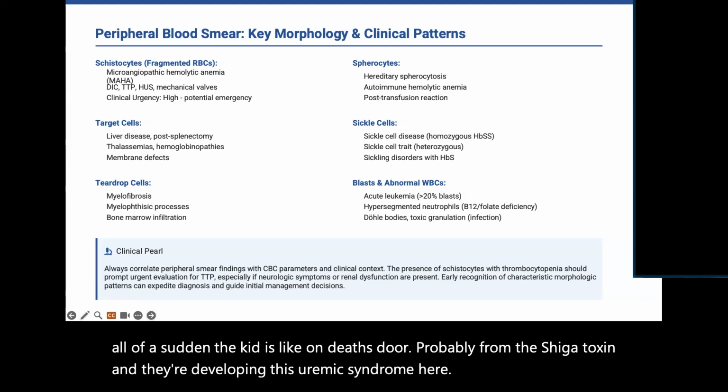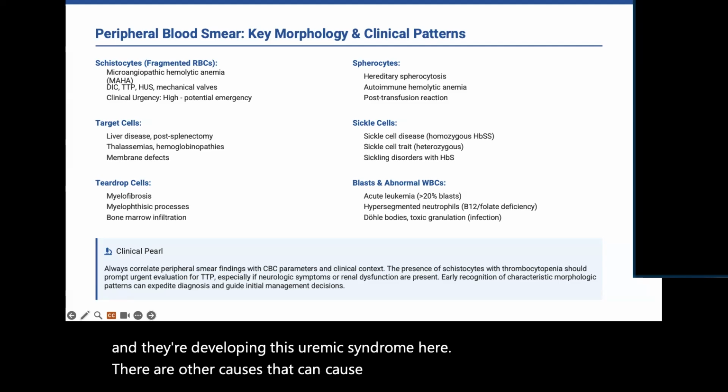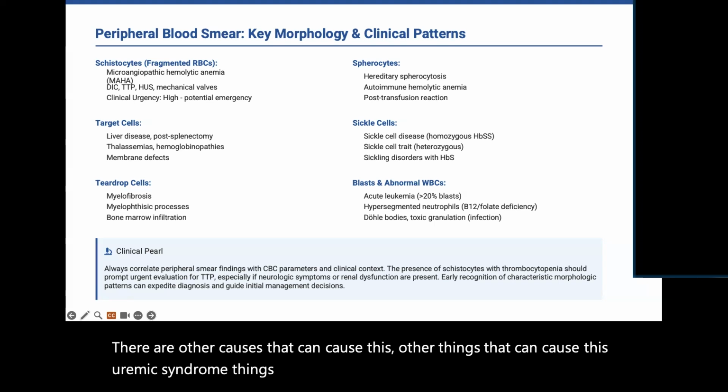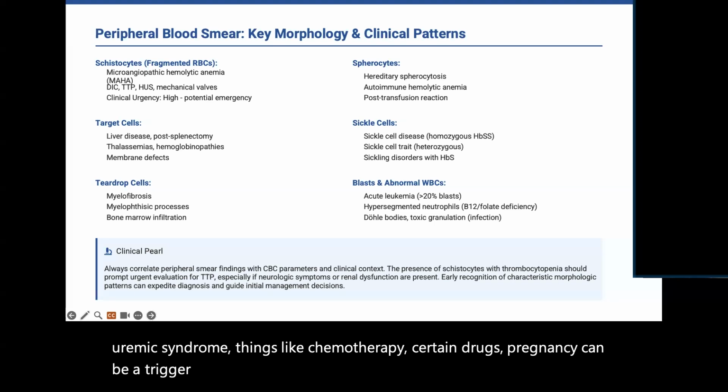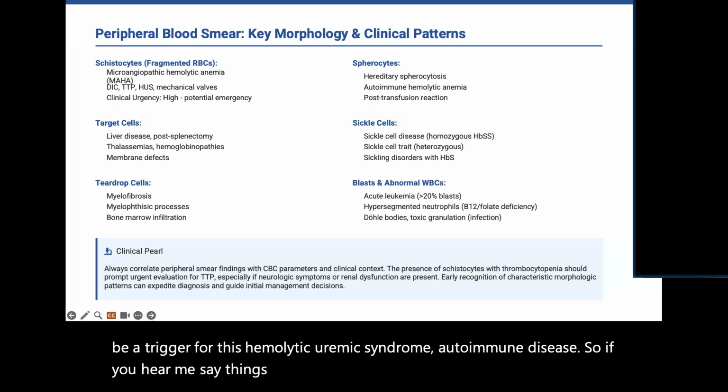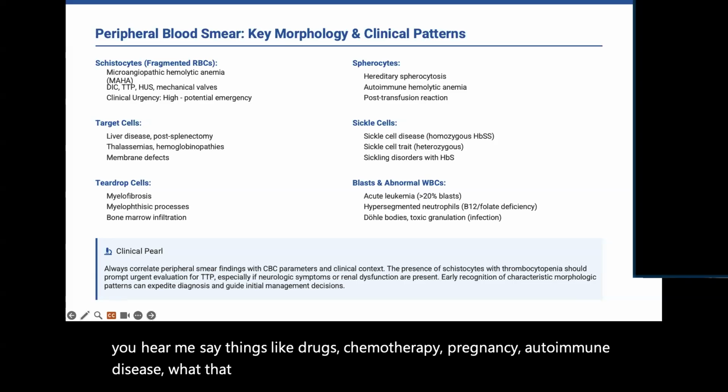There are other things that can cause this uremic syndrome, things like chemotherapy, certain drugs. Pregnancy can be a trigger for this hemolytic uremic syndrome, and autoimmune disease. So if you hear me say things like drugs, chemotherapy, pregnancy, autoimmune disease, what that should trigger in your mind is our inflammation lecture from week 1.